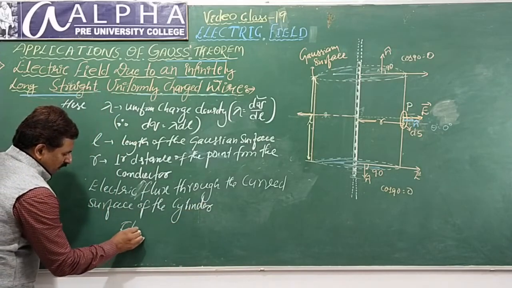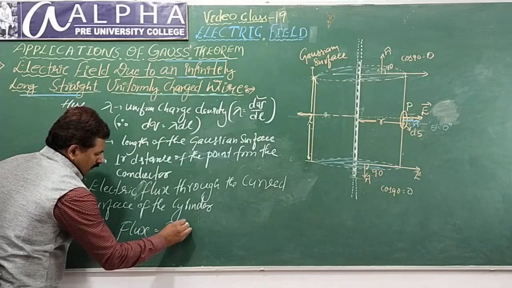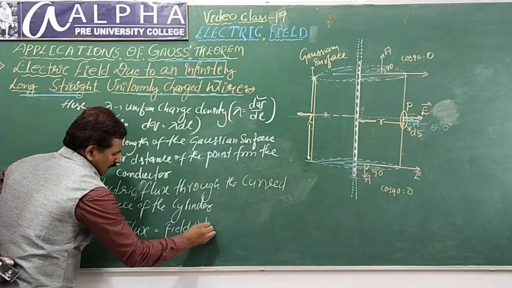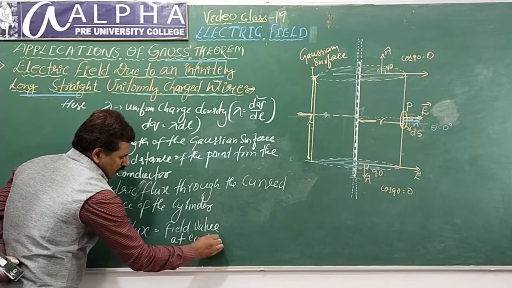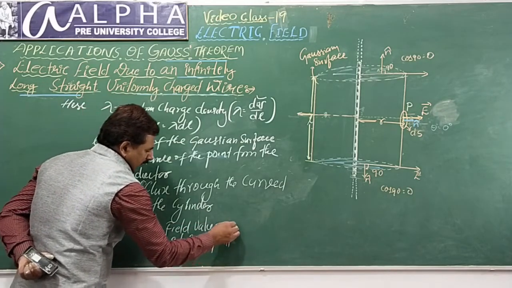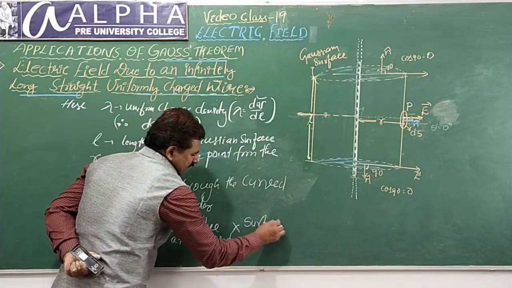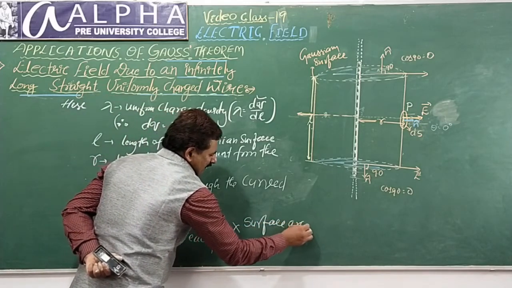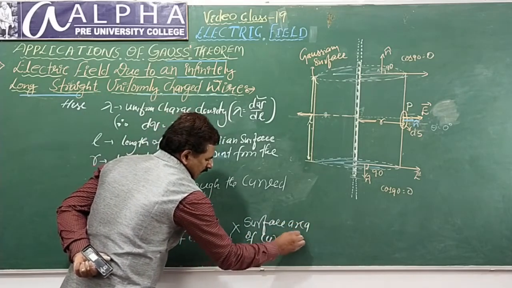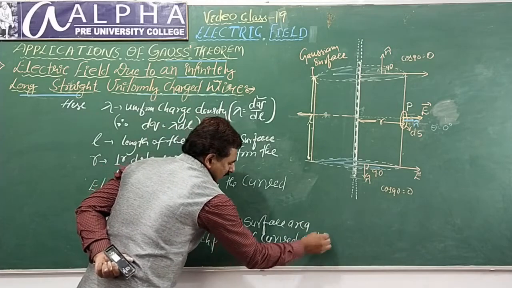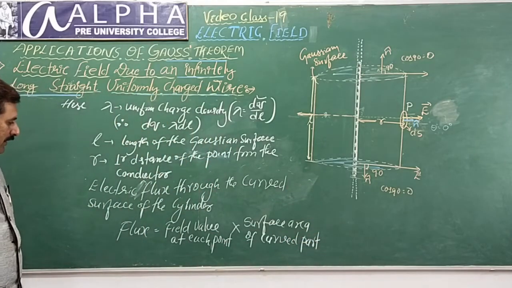Flux equals the field value at each point times the surface area of the curved part of the cylinder. This you know, right? Surface area of the curved part of the cylinder.